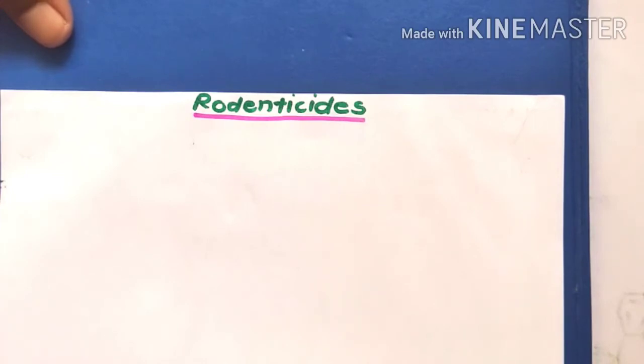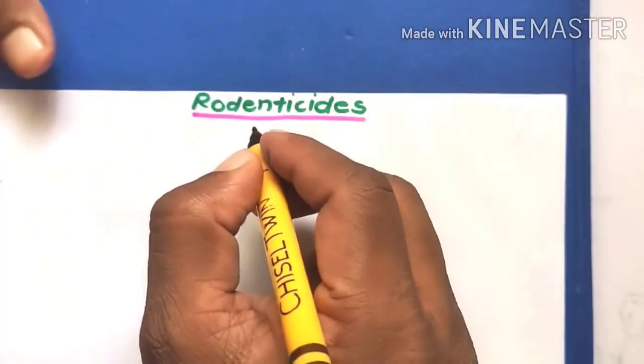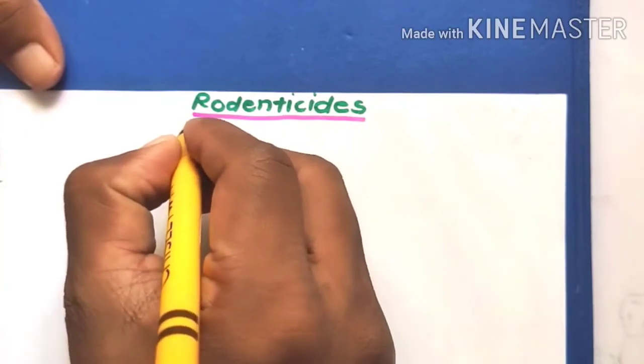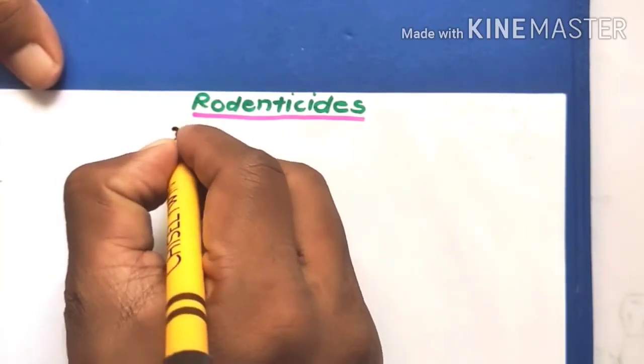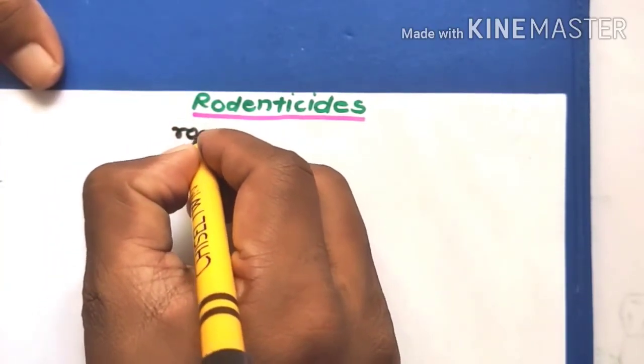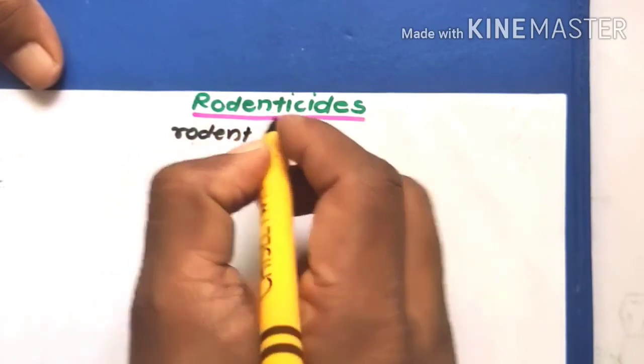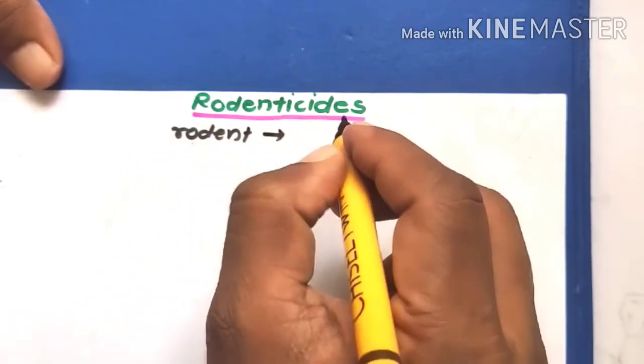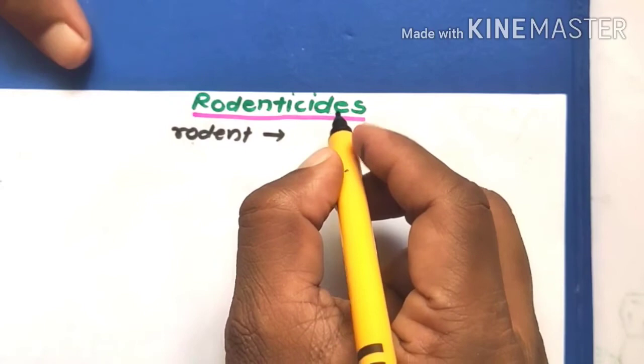They should make rats go out into the open space to die. They should have much lower toxicity to domestic animals.